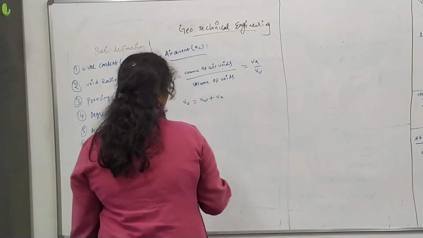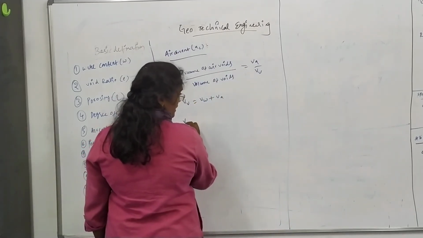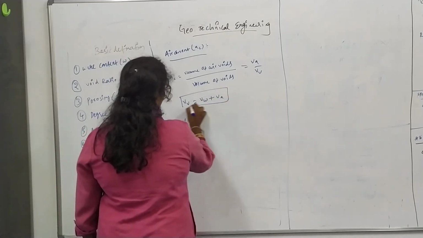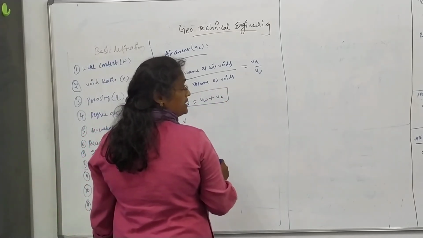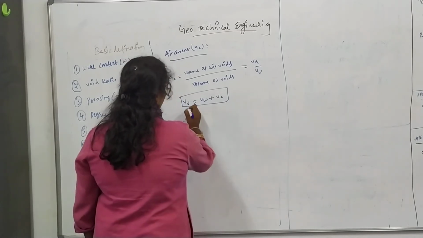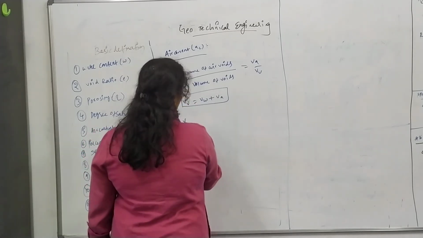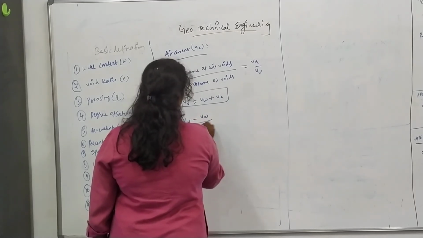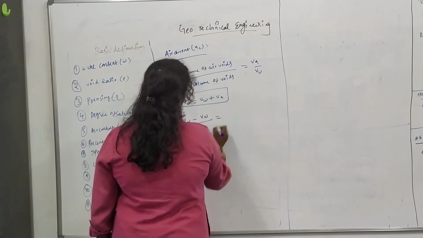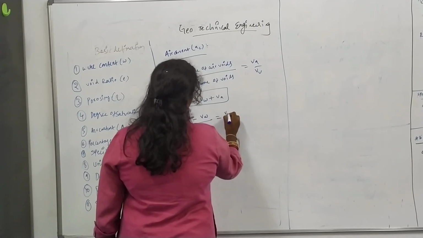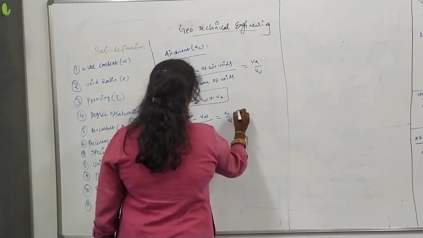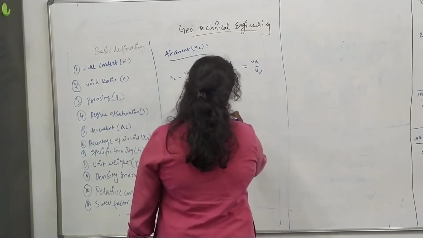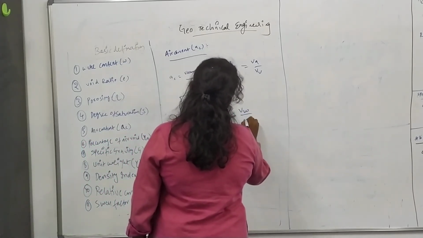Right here I am taking Vv is equal to Vw plus Va, so Va is equal to Vv minus Vw, divided by volume of voids. So here it will become 1 minus Vw by Vv.